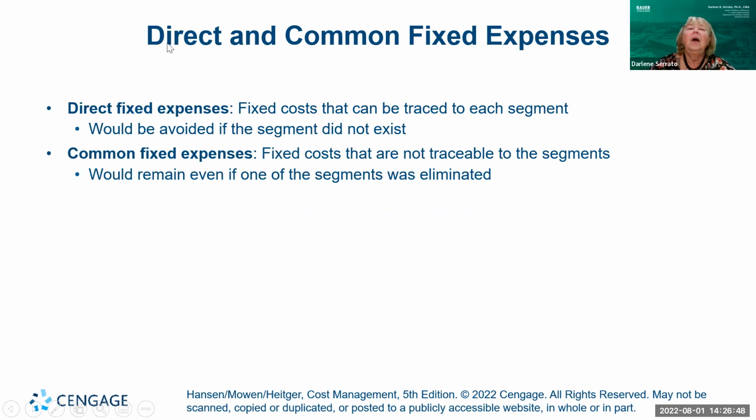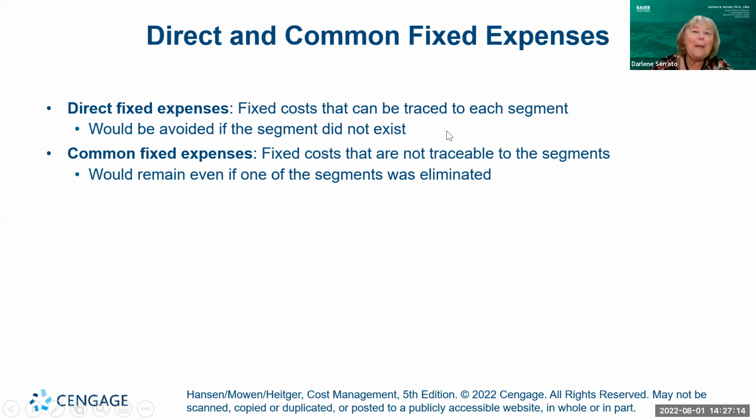So in the behavioral format of the income statement, fixed expenses can be separated between direct and common. Okay, direct fixed expenses can be traced to each segment. And so they are avoidable if the segment did not exist.